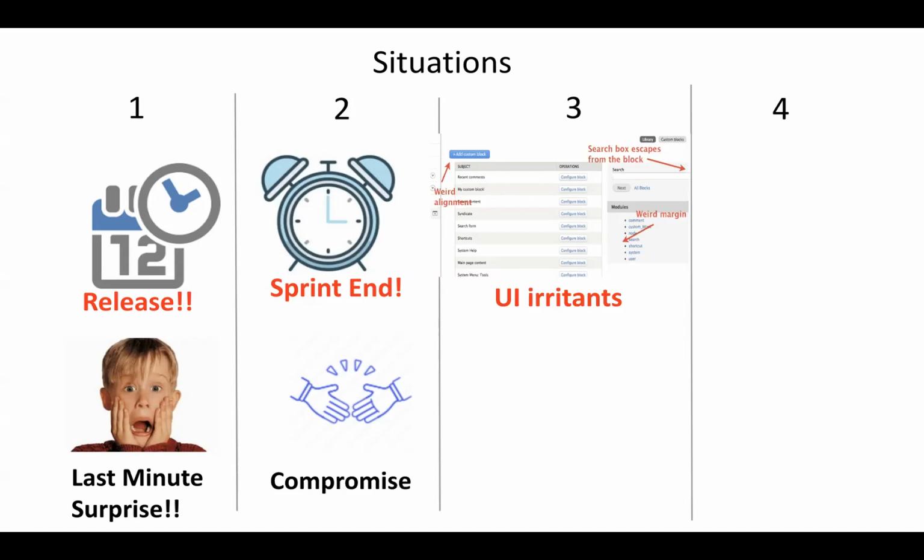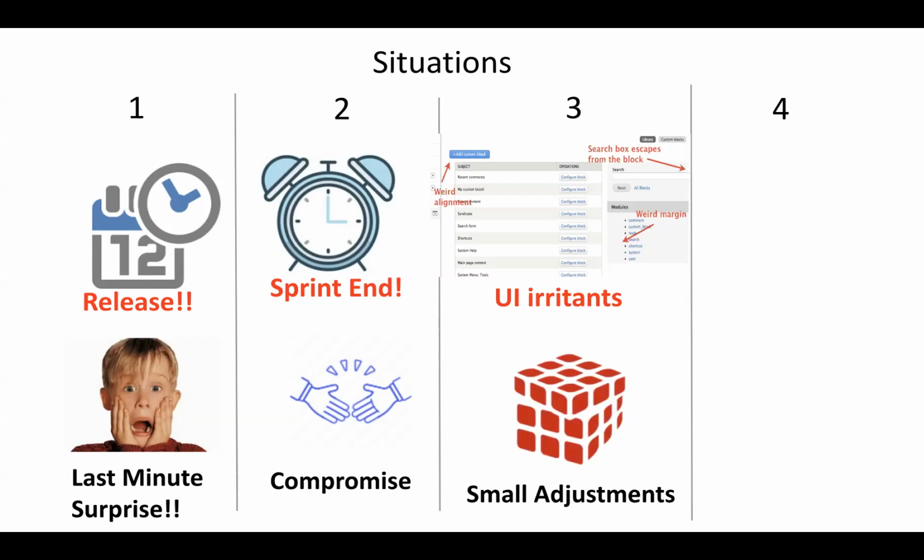Now, you can argue that, okay, I don't really have any stories where these UI irritants can fit. So in that case, you may fall back on that option. You can create an escape defect or a bug in your backlog and decide to take it whenever your product owner suggests. I like to call this situation small adjustments.